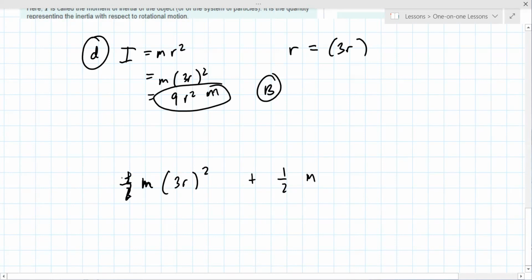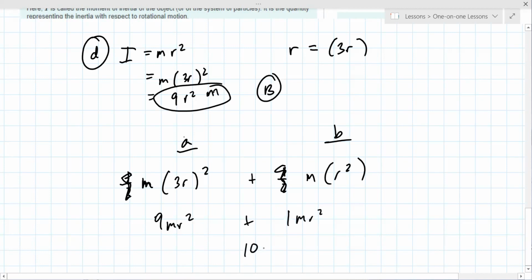Oh no, these are just m, not 1/2. So m r squared. This is for point A, it's 3r away. This is for point B, it's 1r away from the y-axis. So that's 9mr squared plus 1mr squared. So it looks like it's 10mr squared for that.